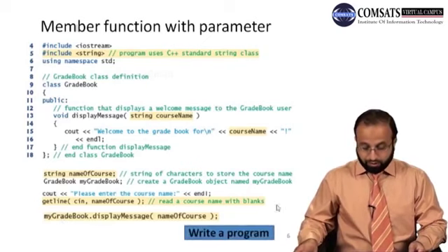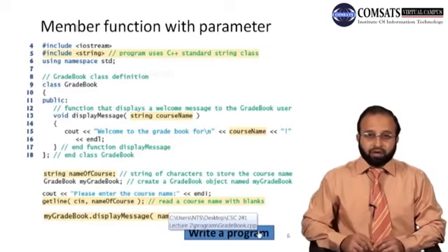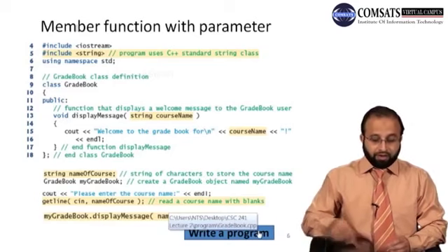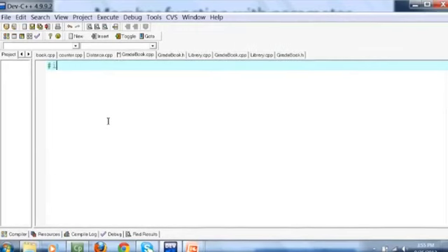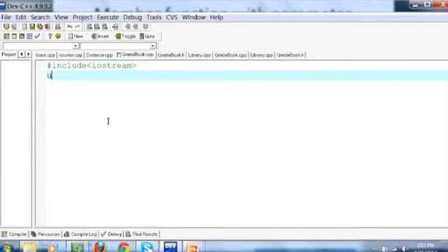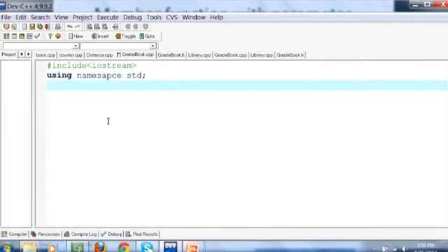So let's go. First we are going to write a very simple program without classes, and then we will write this gradebook program. First we have to include iostream. Then you have to write using namespace std, I will tell you what the namespace std is, and then there's a main function.